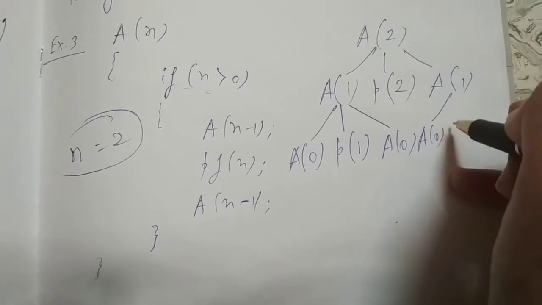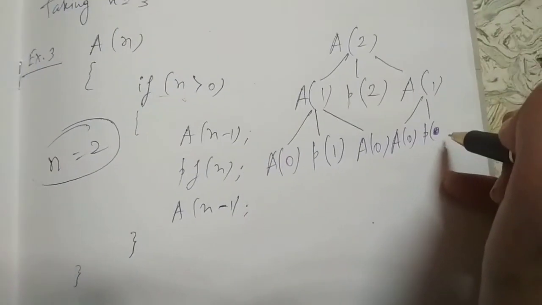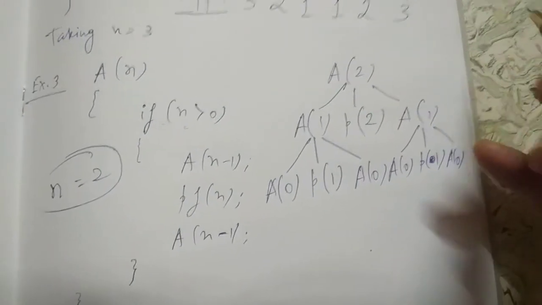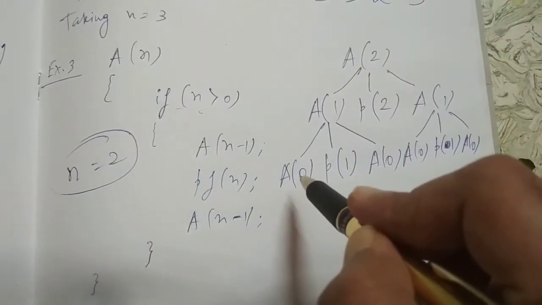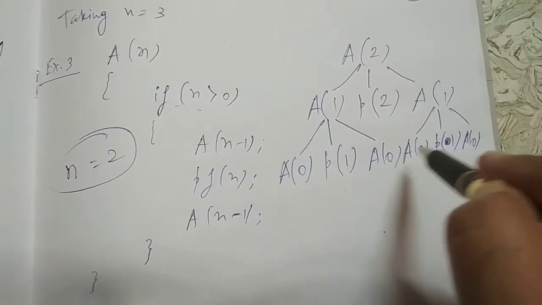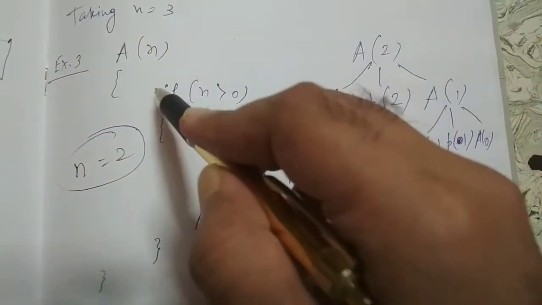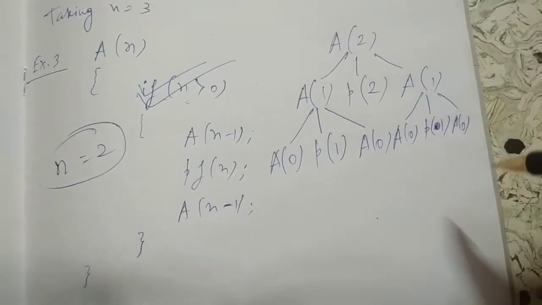So I get a call to a of 0, a printf on 1, and another call to a of 0. Now, how many a of 0 function calls are there? 1, 2, 3, 4. For each of these, this condition will not be satisfied. As a result, we no longer need to expand our tree.